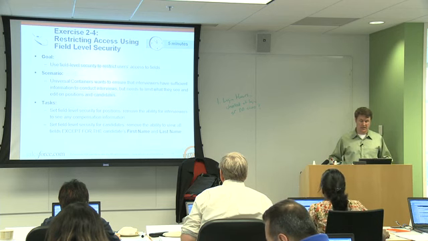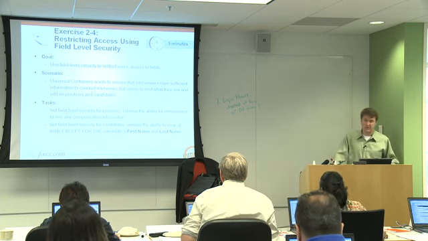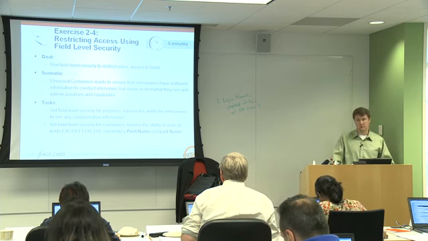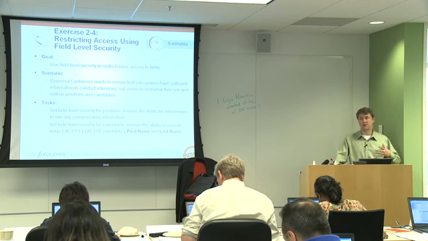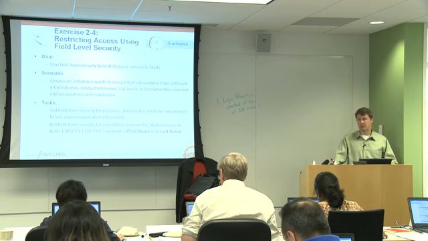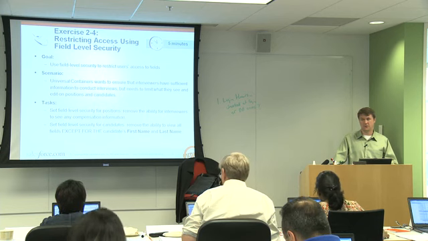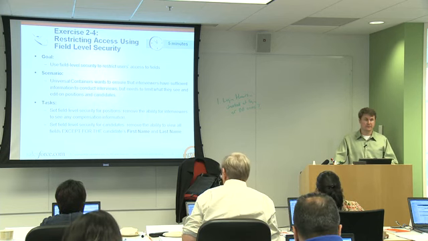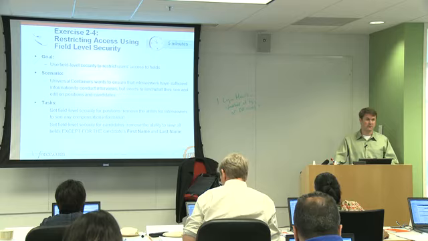And first and last name are the only fields that the users can view associated with a candidate. So we're going to protect some of that other information associated with our candidates. Okay? So 2-3 and 2-4. All right?